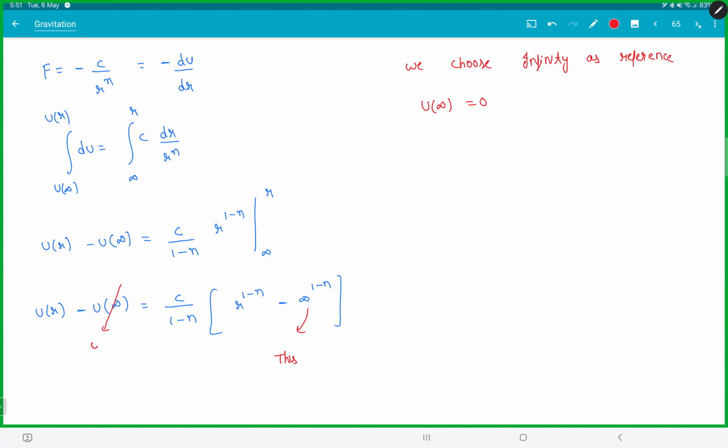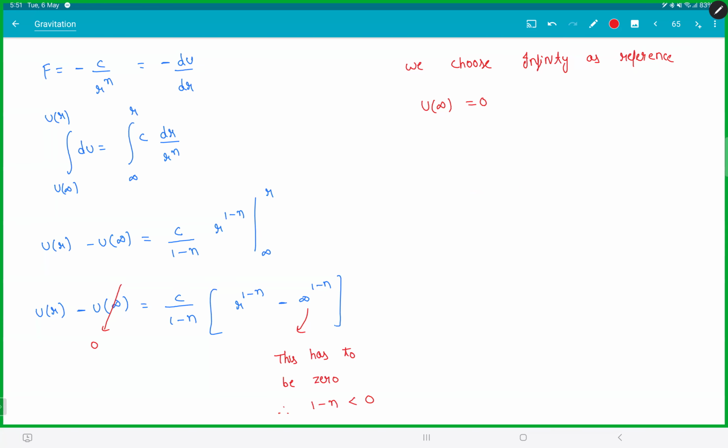Suppose 1 minus n becomes a positive number, then you'll get infinity to some positive power, and this value will blow off to infinity, right? So this has to become 1 by infinity, therefore 1 minus n must be negative. Is that making sense? If 1 minus n is not negative, that value won't go to 0.